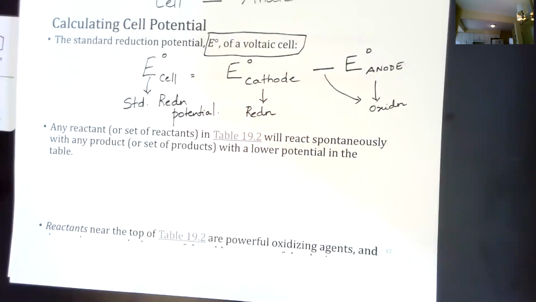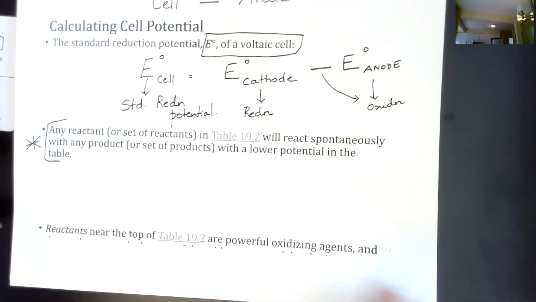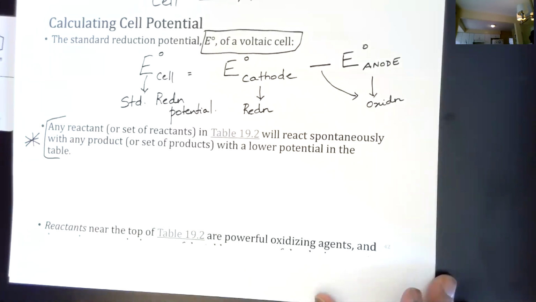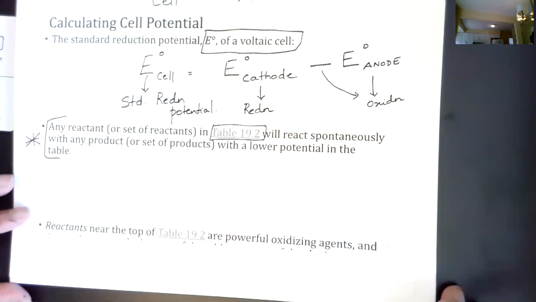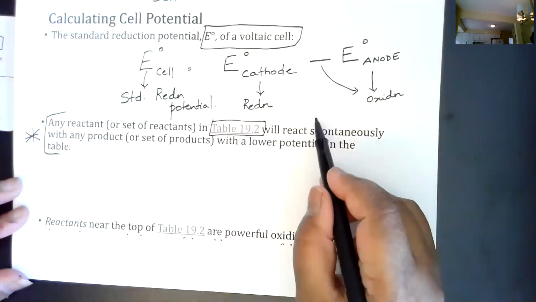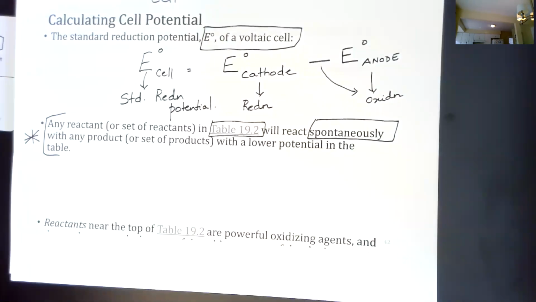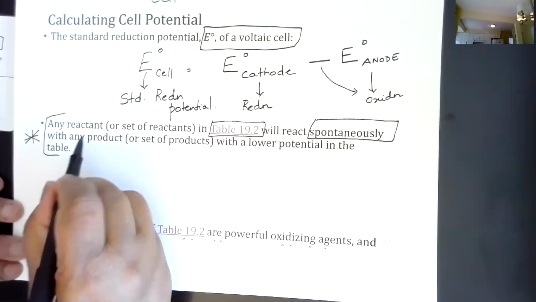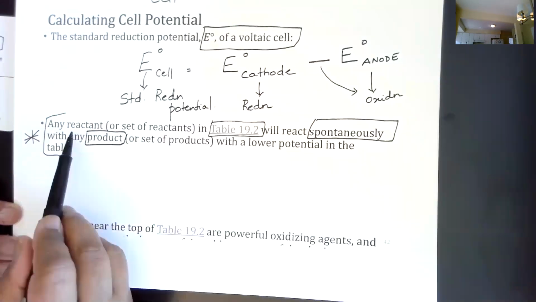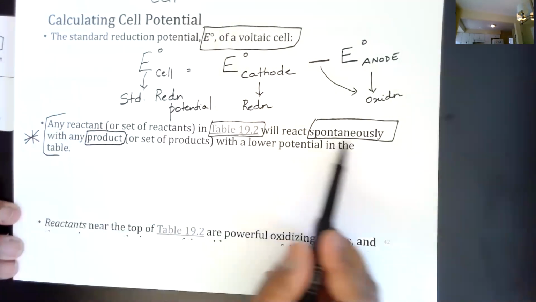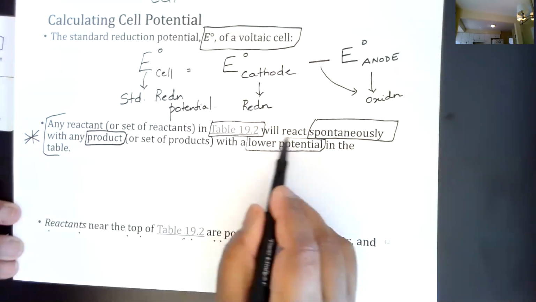Any reactant, this is important to know. In table 19.2, that's the one that I just showed you, will react spontaneously with any product with a lower potential in the table.